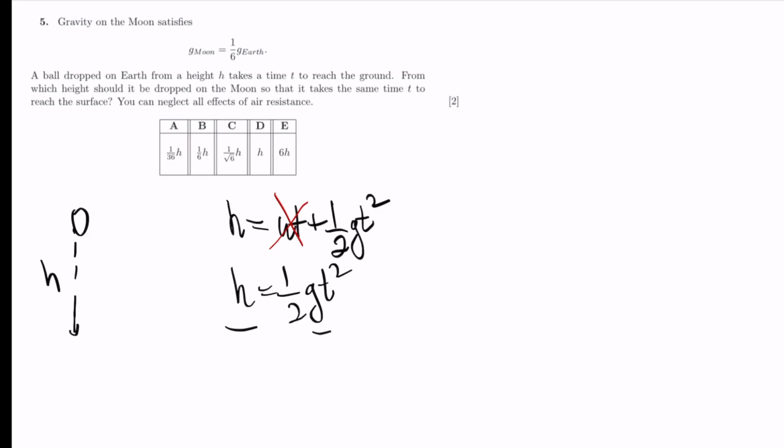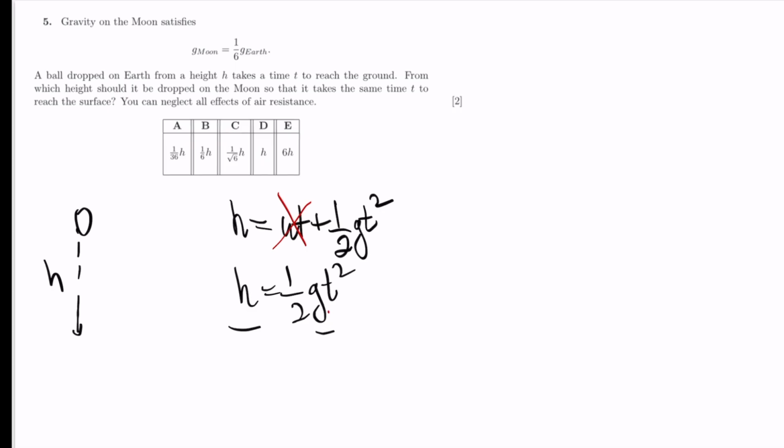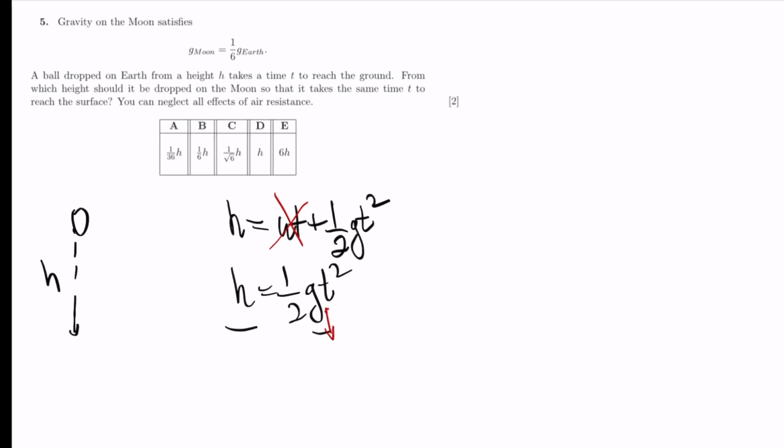So if g drops by a 6th, then the height must also drop by a 6th if we were to keep the time constant. So if this thing goes down by a factor of 6, then this thing here should also do the same, keeping the factor of t squared and hence t a constant. This means that the correct answer has got to be B.